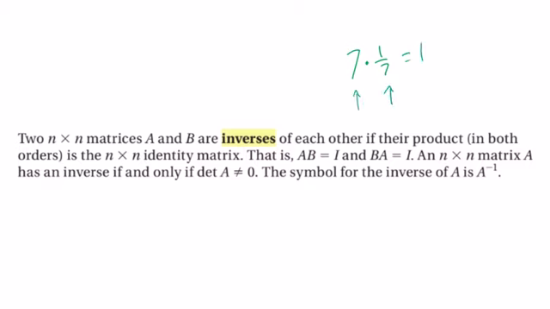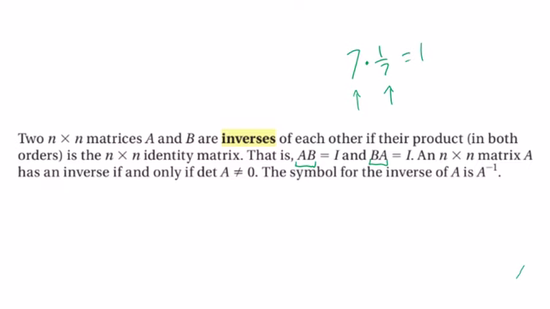It's the same idea for matrices. The multiplicative inverse there equals 1, and here I end up equaling the identity. I can multiply them either as AB or BA. In either case, if I get I, they are inverse matrices.